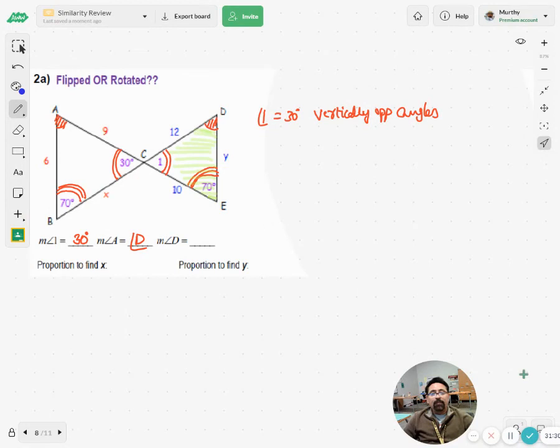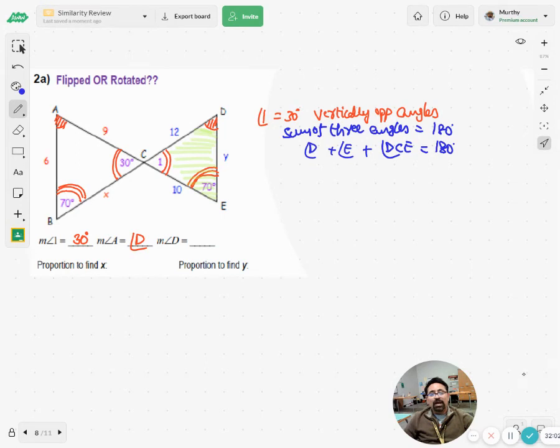Therefore, measure of angle D plus measure of angle E plus, I can't say angle C, let me use three letters, angle DCE, equals 180 degrees.